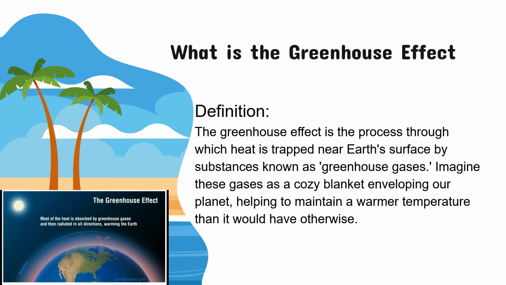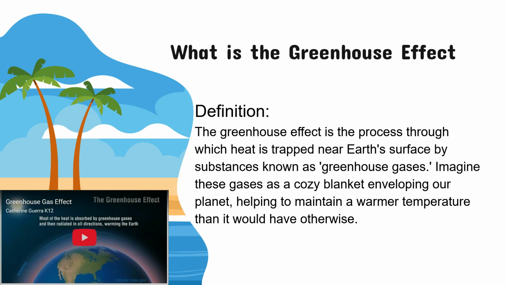That heat can go up through the atmosphere. However, if there are a bunch of greenhouse gases, they're going to trap that heat. Trapping that heat means that it gets re-emitted in all different directions, including back towards the Earth, causing it to warm up the Earth.